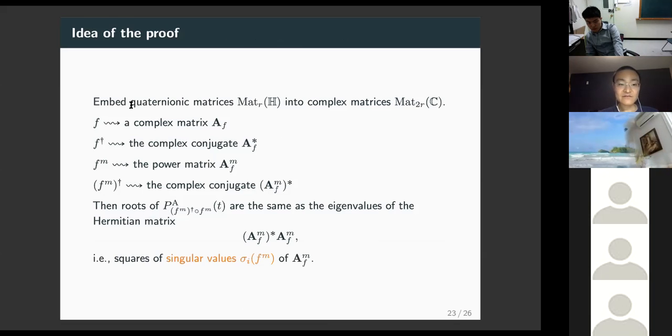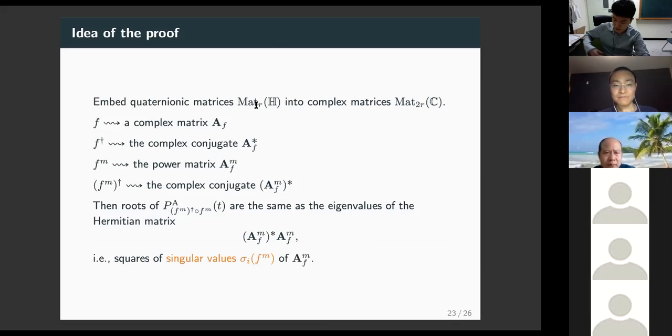But we can even further embed quaternionic matrices into complex matrices. So we map the embedding: the R-dimension quaternion matrices into 2R-dimension complex matrices.